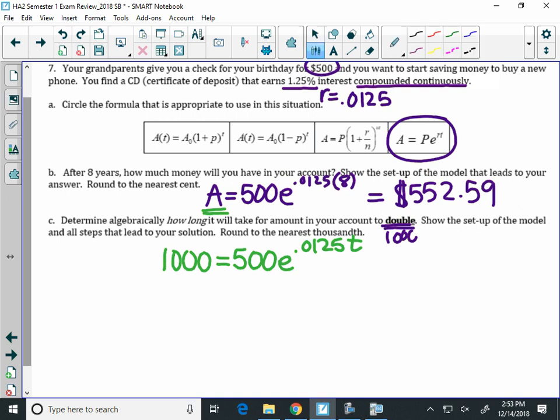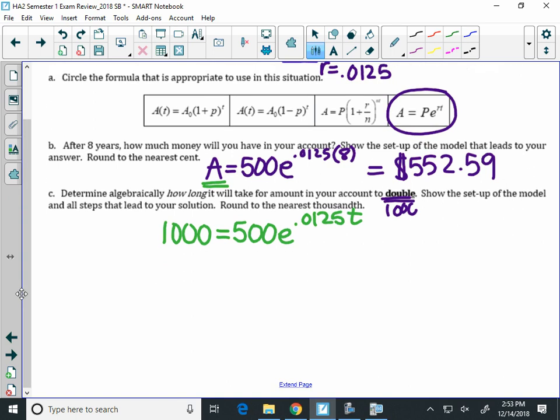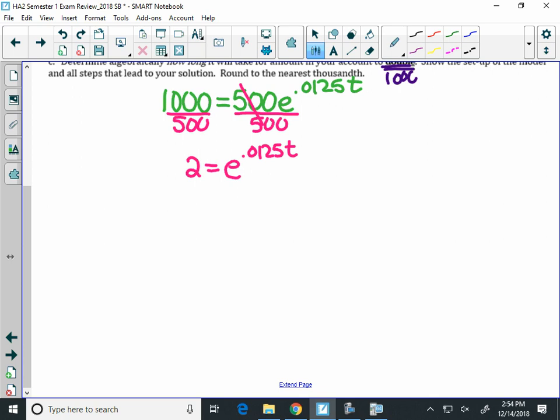Now to solve this equation, you cannot use the log until you divide by 500. You'll have 2 equals e to the 0.0125 times t. Because my base is e, we are going to use the natural logarithm on both sides.